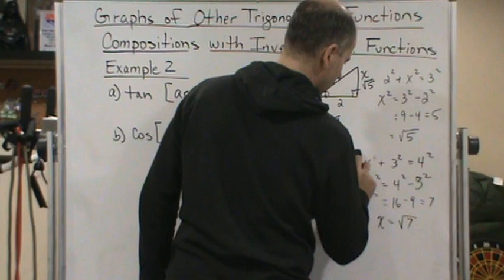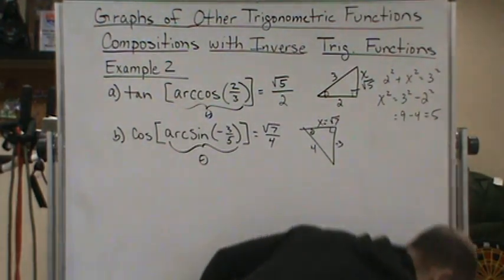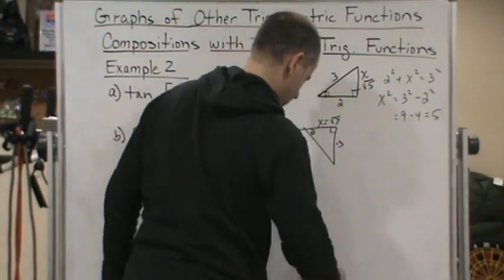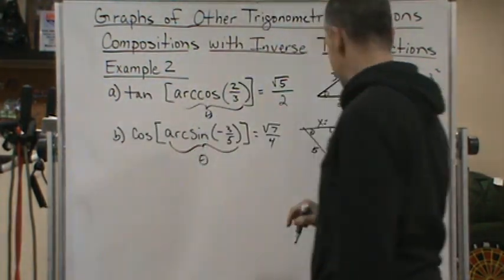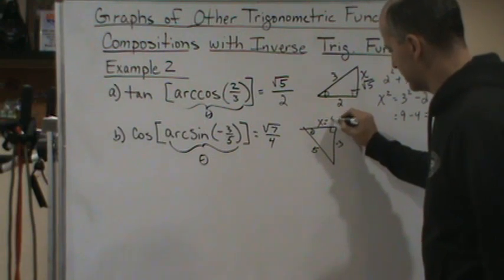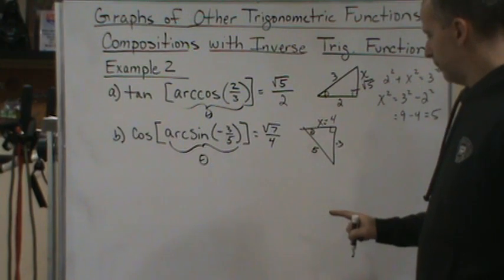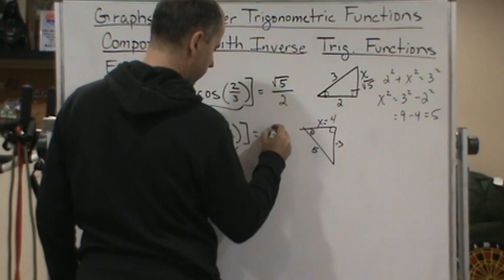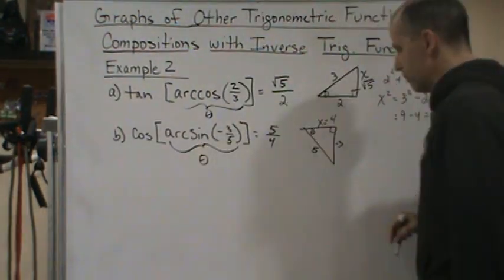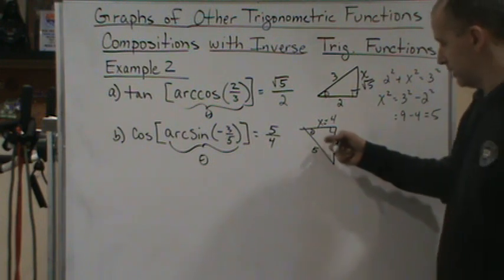So let me redo this here. This is going to be 5, and this is going to turn out to be 4 because this is one of those special triangles, a 3, 4, 5 triangle. And so this is going to be equal to 5 over 4. And it's positive because it's in the fourth quadrant.